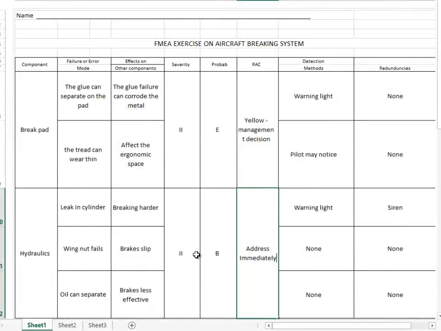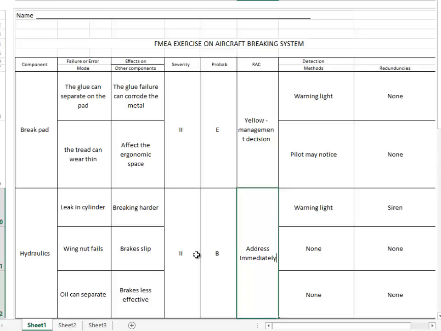Here we've got our system all filled out. We've got our FMEA all documented. So we have the brake pad as one component, and you might want to call that system yellow, which means that we've figured out that we don't have any backups, which are redundancies. That certainly is something we might want to do.